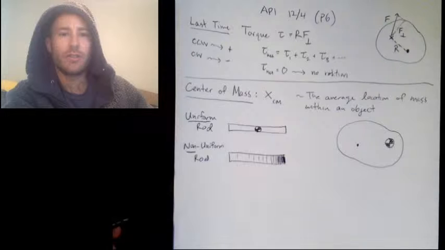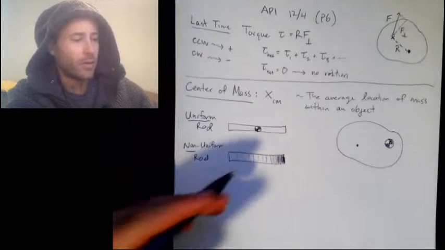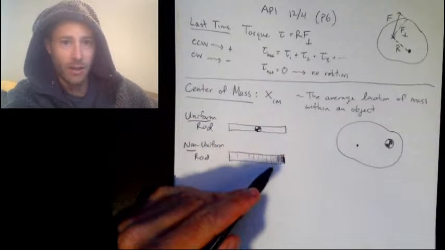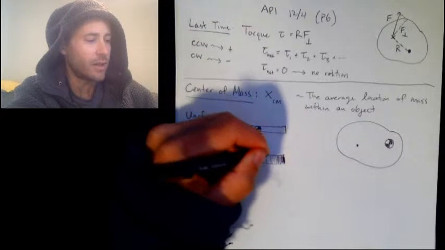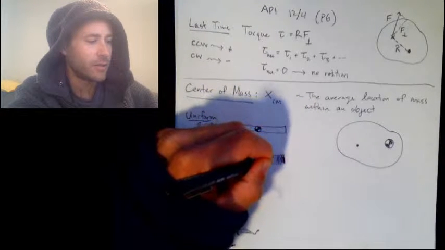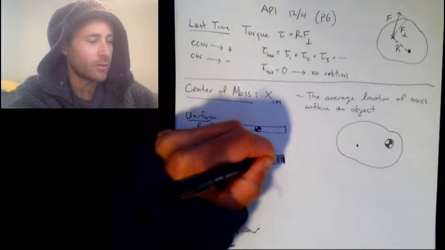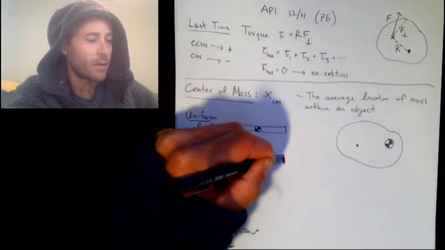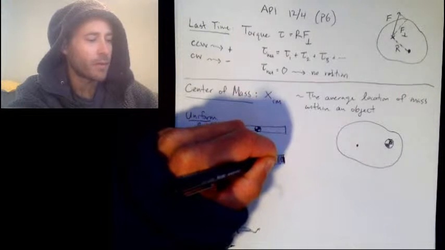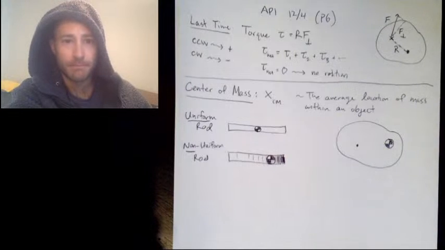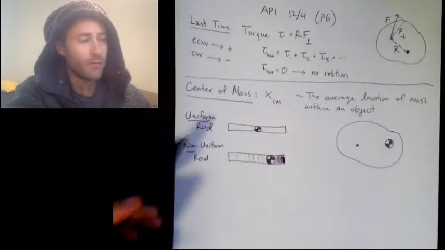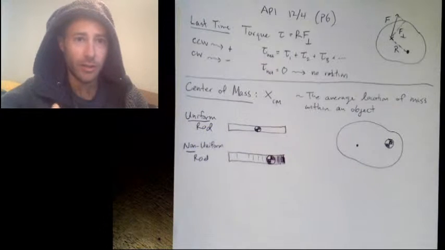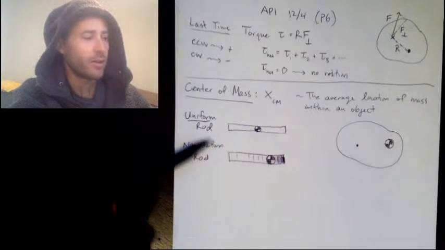Okay, so in this case, there's more mass on the right-hand side because it's denser on that side. So what that's going to do is it's going to end up shifting the center of mass closer to that side. Okay, so for today's lesson, we're going to be talking about a uniform rod.